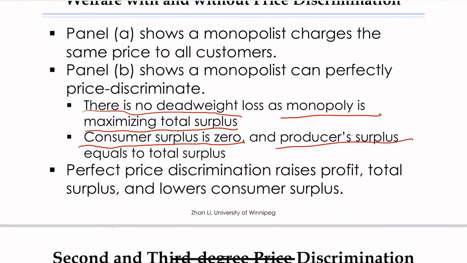Right? So essentially, you can see that compared with the case when a monopolist can only charge a single price, perfect price discrimination increases profit, total surplus, and reduces consumer surplus to zero.